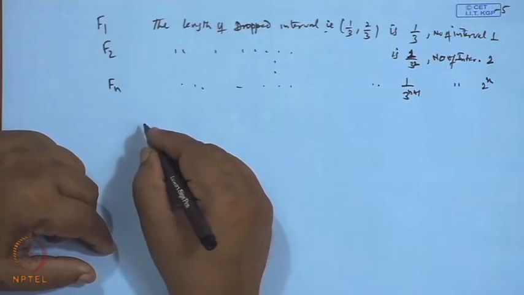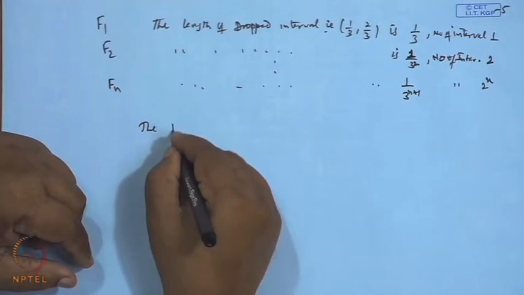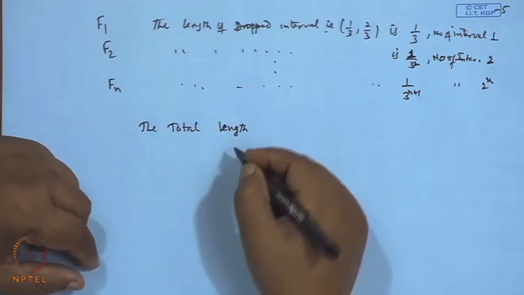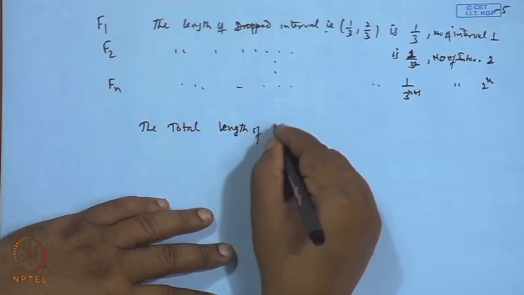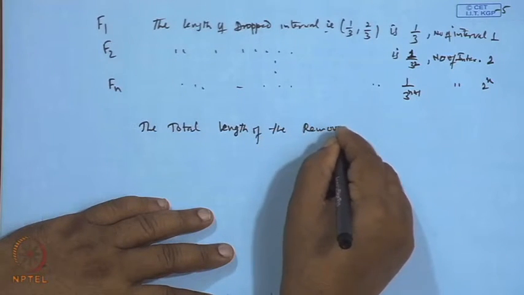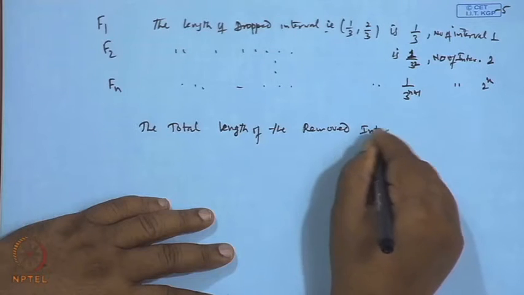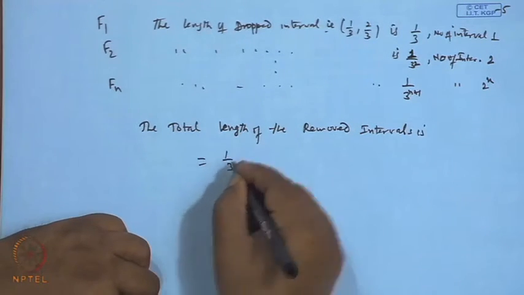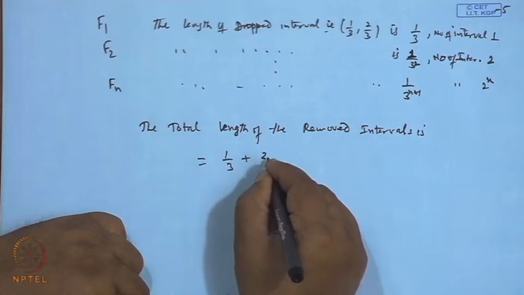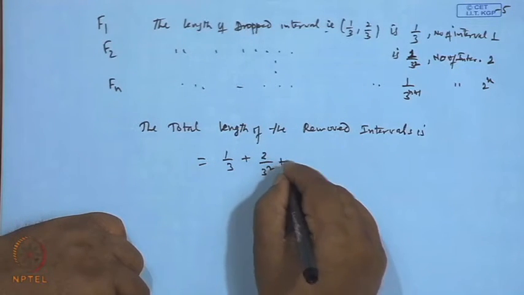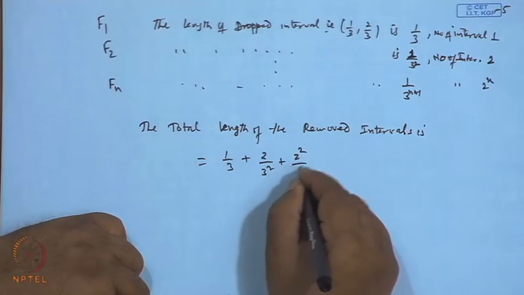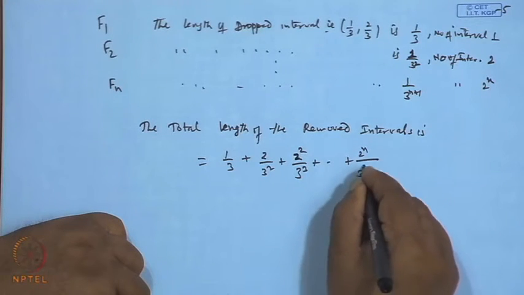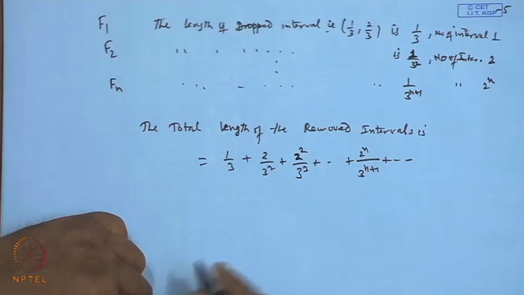So, the total length of the removed intervals is 1/3 plus 2 over 3 squared plus 2 squared by 3 cubed and so on, plus 2 to the power n by 3 to the power n plus 1 and so on.